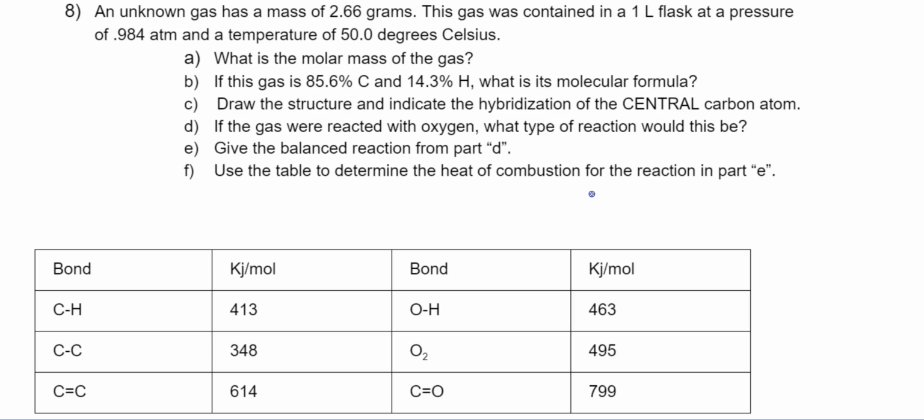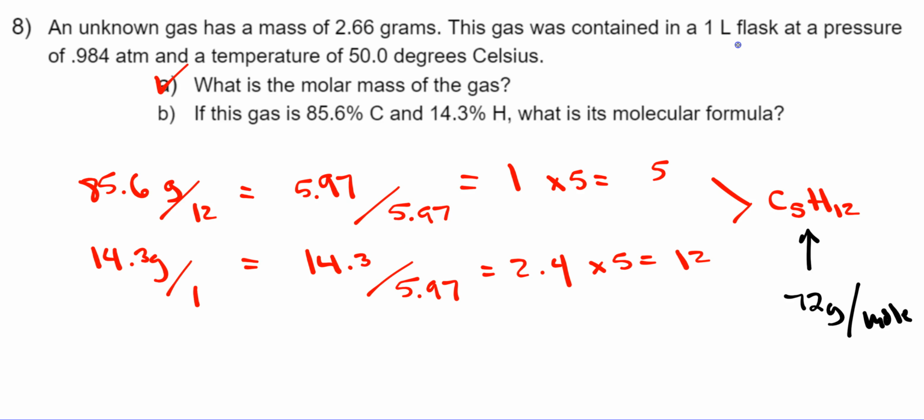All right, so now that is just part A. Part B says, if the gas is 85.6% carbon and 14.3% H, what is the molecular formula? That takes us way back to chapter 3. You may recall how we did this. We first said, I have 100 grams of this.